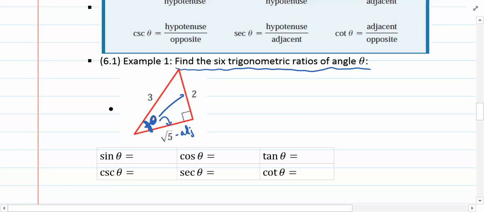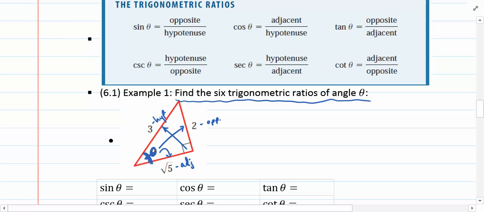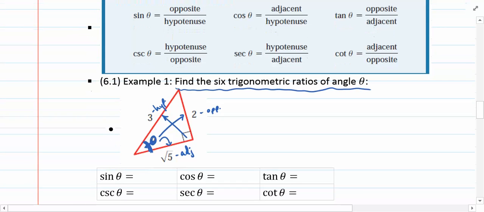The side length across from that is our opposite side, and the side length across from the right angle, in other words the longest side, is the hypotenuse. So I said that right, but I wrote it wrong. As long as we identify each of these three sides, we should be able to identify the ratio created for each of these trigonometric ratios.